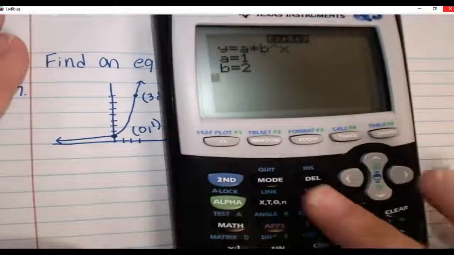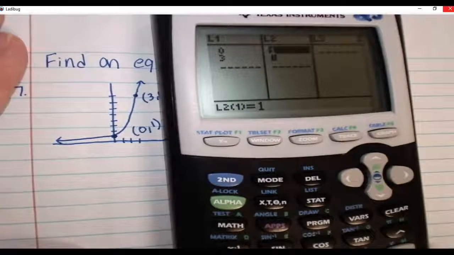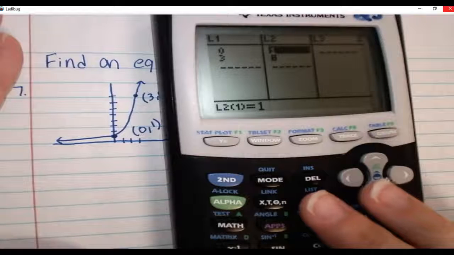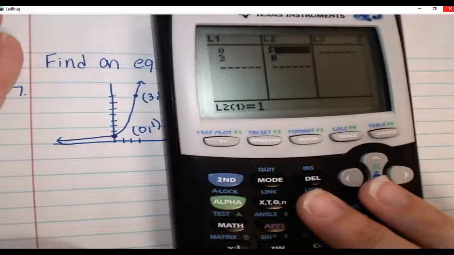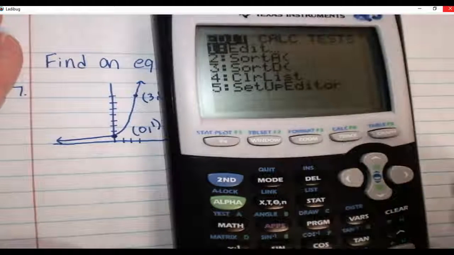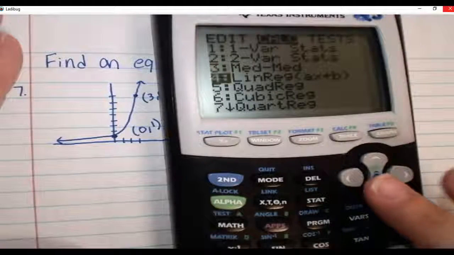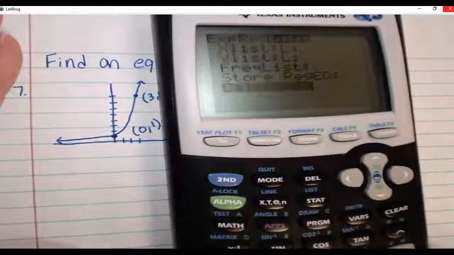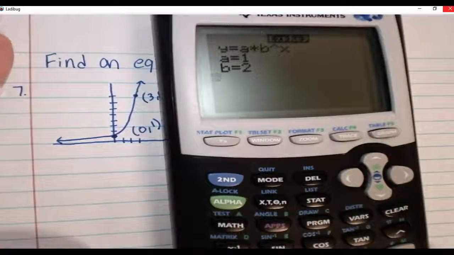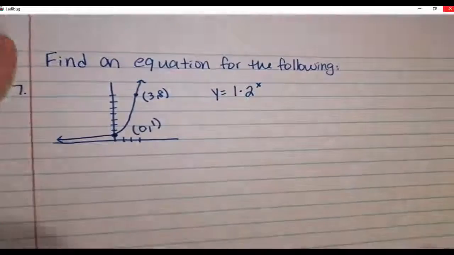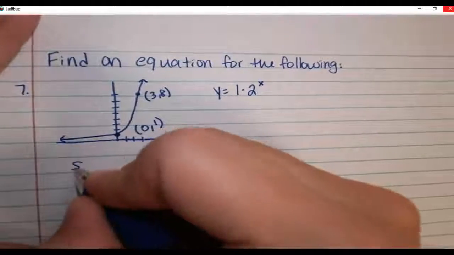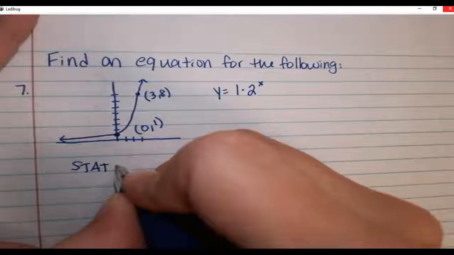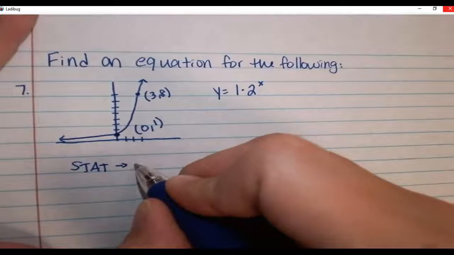Yeah, so you go to stat, hit enter, type your points in. And then you go back to stat, over to calc, and down to number 0. Enter, enter, enter, enter. There you go. So let's write those out. So you go to stat. You hit enter.